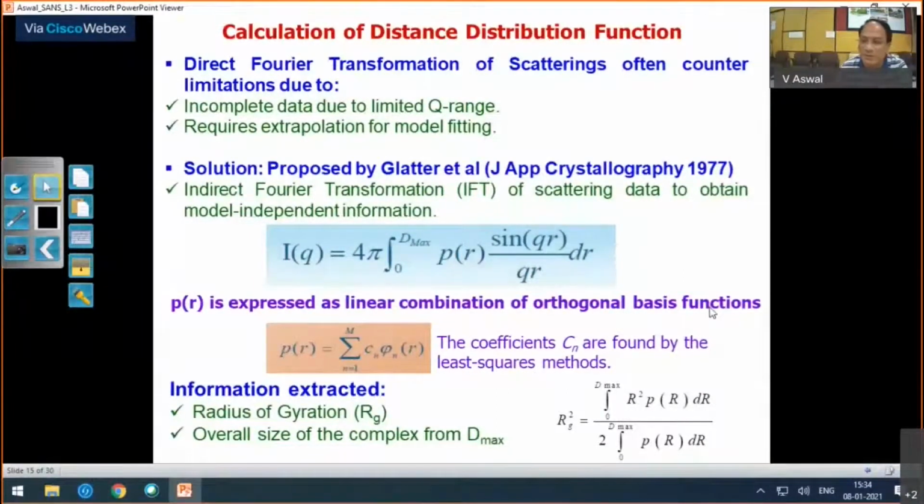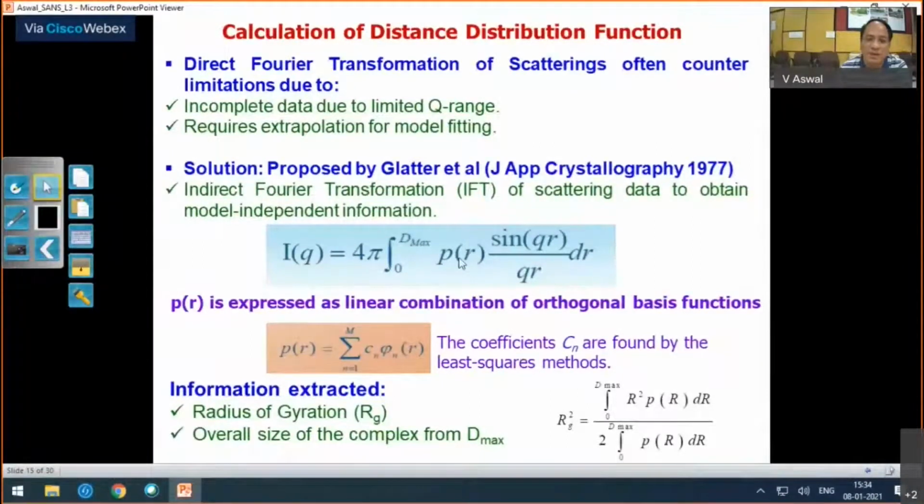These basis functions would be like spline functions, and you can take these orders from, let's say, 1 to 15, 20 kind of basis functions. And then these coefficients are determined by the least square method.